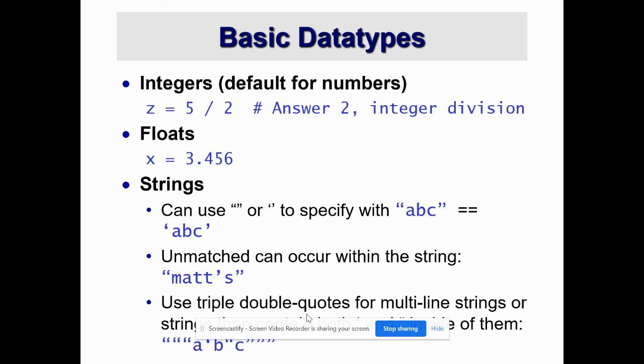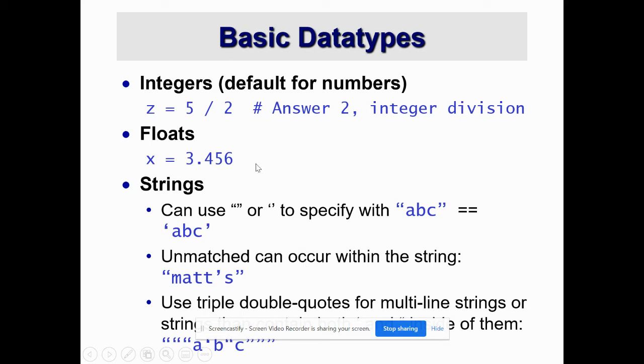If I want the result to be in decimal points, I have to declare z as a float. If I declare z as a float and I say 5 divided by 2, then it will give me 2.5 as the answer.